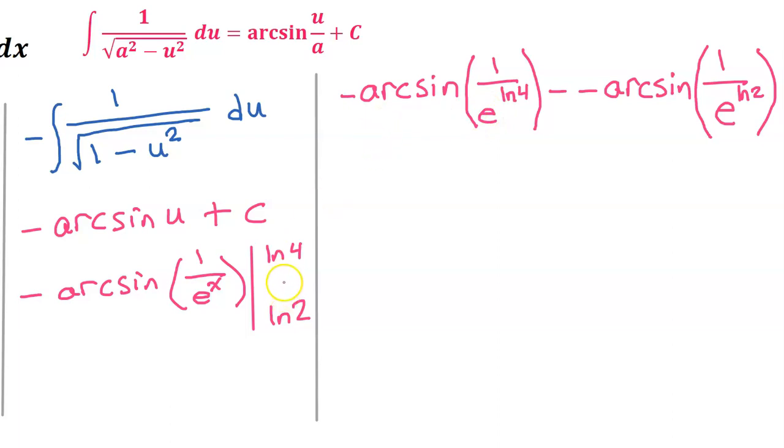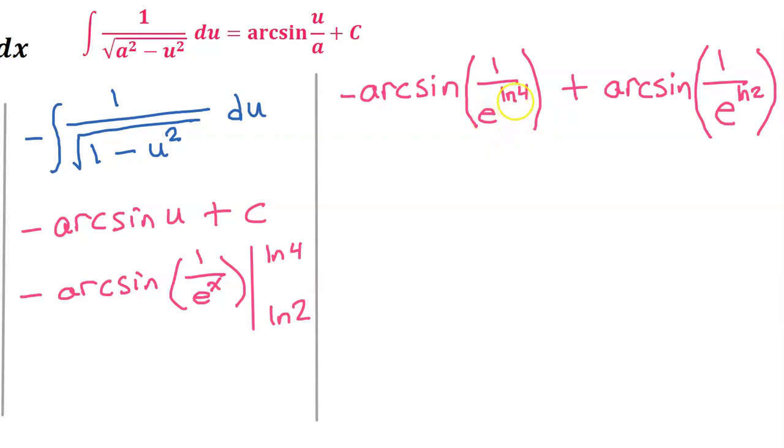When I say I need the value at natural log 4, it means I substitute natural log 4 for x. So this is the value at natural log 4, and you see the minus, and this is the value at natural log 2. Clearly, minus a negative is addition, so I'm just going to go ahead and put a plus right here.